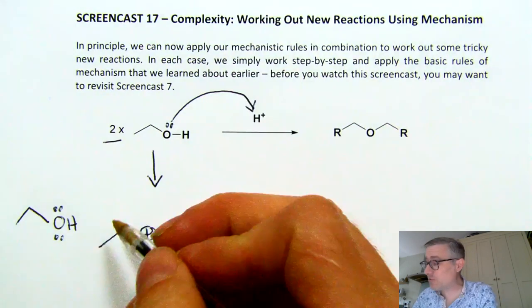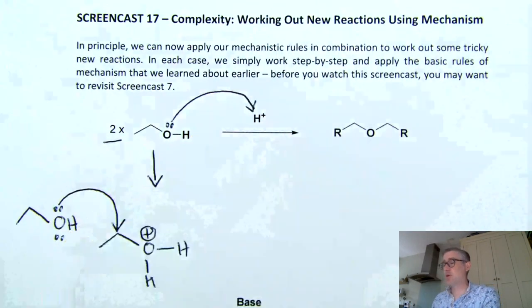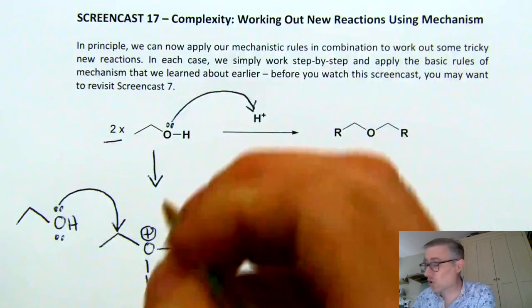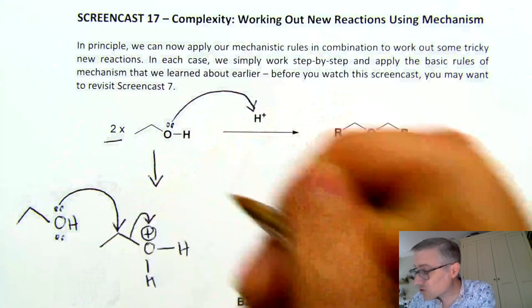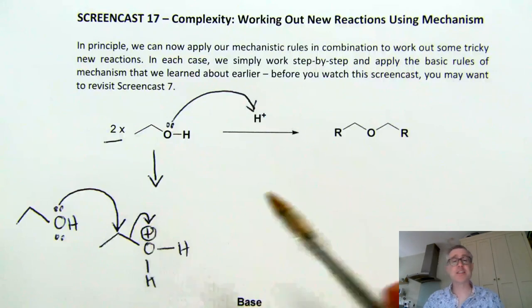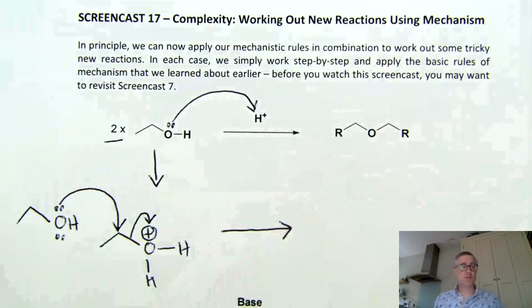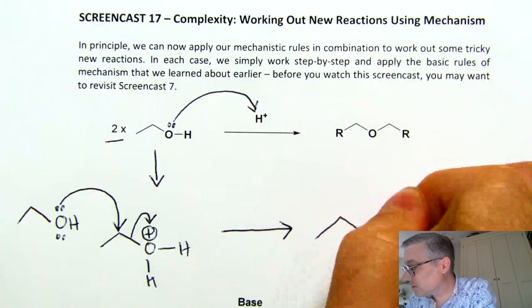So let's see what happens if we attack the carbon adjacent to that positive charge, and then of course push the electron density on to that oxygen so it gets its lone pair back. Put an arrow in.